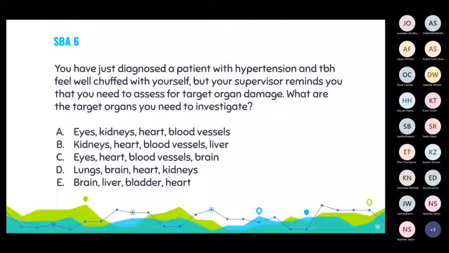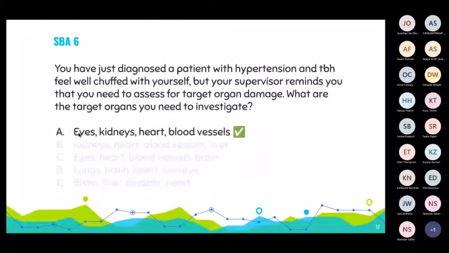And those organs, well done for saying, are eyes, kidneys, heart, and blood vessels. And so that's where you want to focus your investigations for when you're sorting out someone with high blood pressure, and I'll explain that fully in a second.